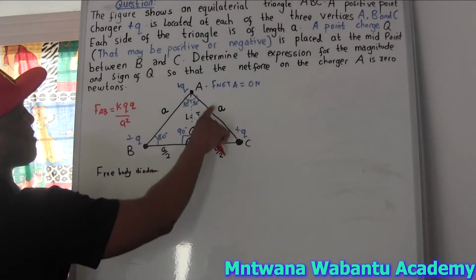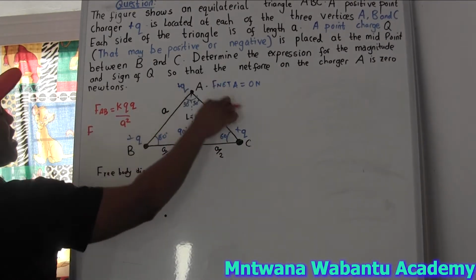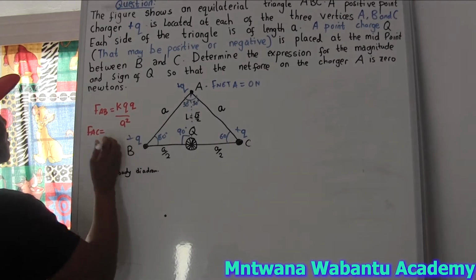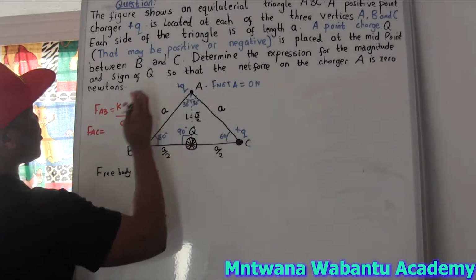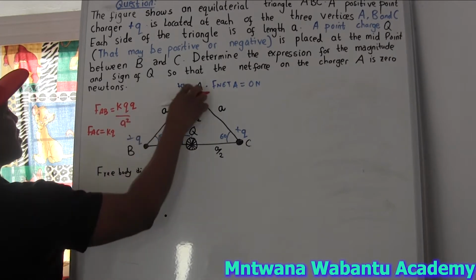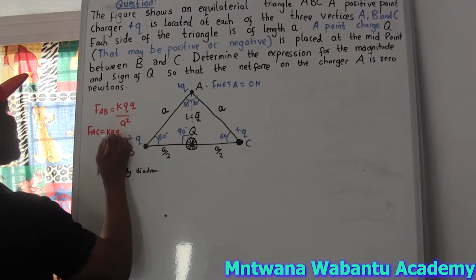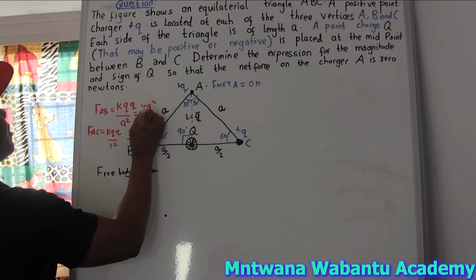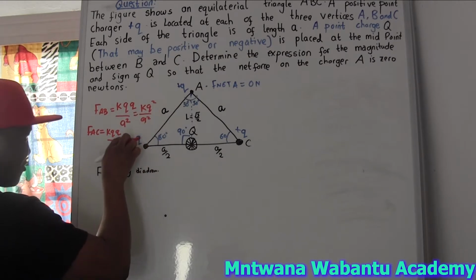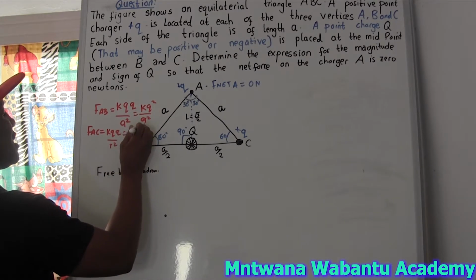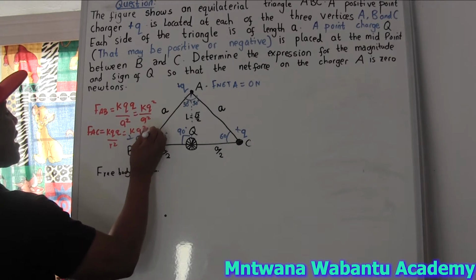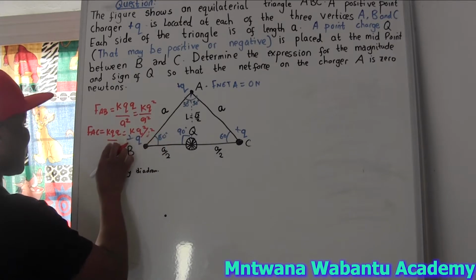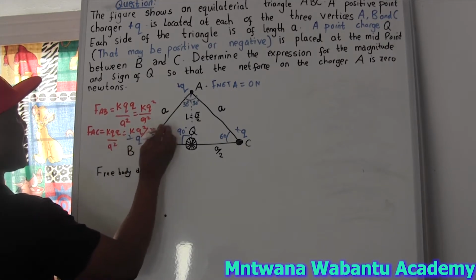Even here it's going to be the same, because the force of AC equals K times Q times this Q over the square of the distance between. So same as K Q squared over A squared, which is the same as this, equal to K Q squared over A squared. My apologies, not R squared, it's A squared.